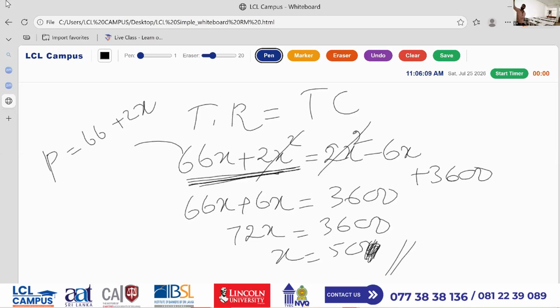Then it will be 66x and 2x squared. Understood? This is the demand function, 66 plus 2x. Then revenue equals what? Demand function into number of units. Then 66x plus 2x squared comes. Instead of total revenue, the demand function can also be given.